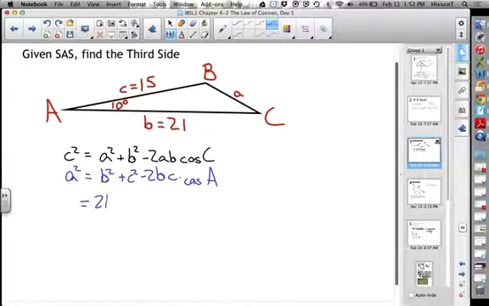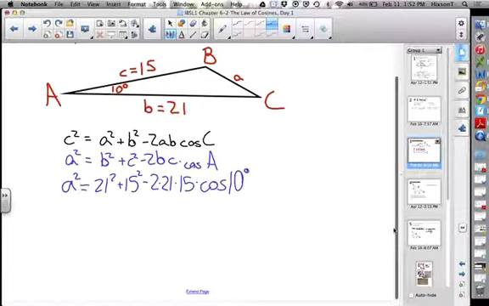We have 21 squared plus 15 squared minus 2 times 21 times 15 times the cosine of angle 10. So 21 squared is 441. 15 squared is 225.